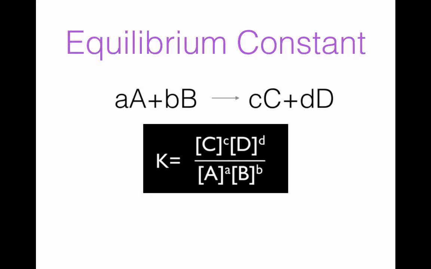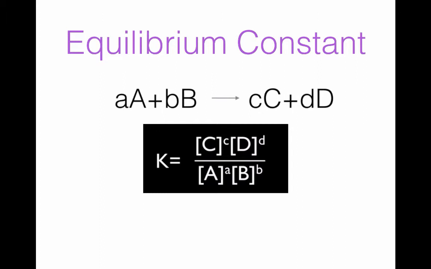This is Angelia. Now I'll talk about how to calculate the equilibrium constant. Firstly, we take the concentration of each product and multiply them by each other, then raise them to the mole coefficients.